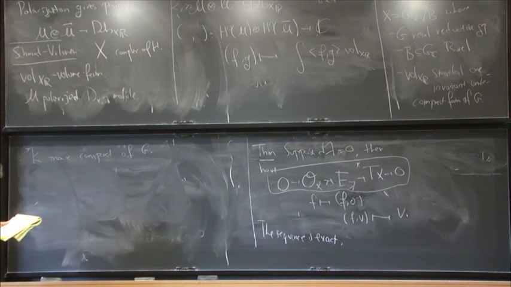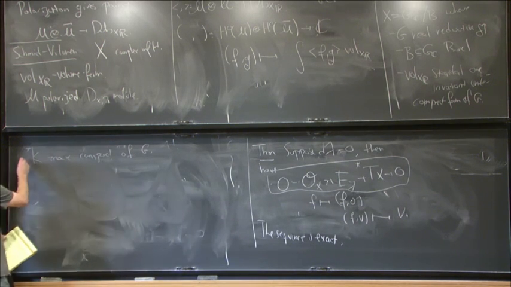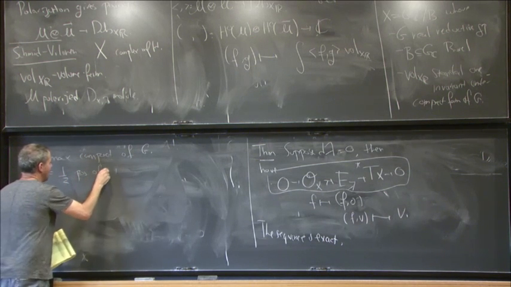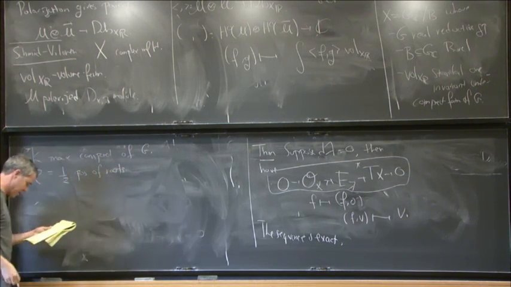It might also come up that rho would be a good name for the half sum of the positive roots.